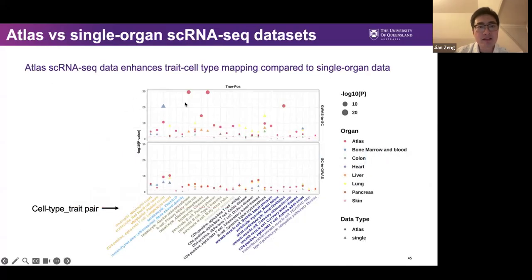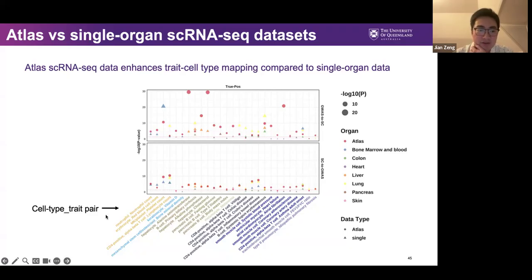And then we look at the impact of cell type diversity on the power. Here we looked at the atlas data, which includes many cell types across different organs, and compared the power to single organ data sets like liver, lung, and heart, using the different mapping strategies.